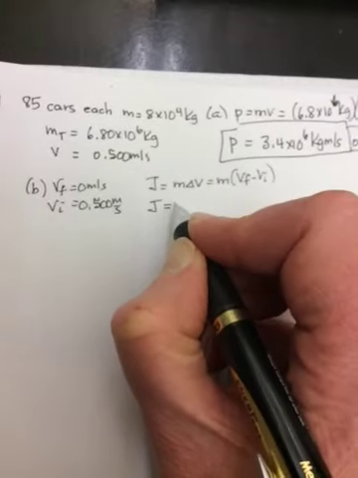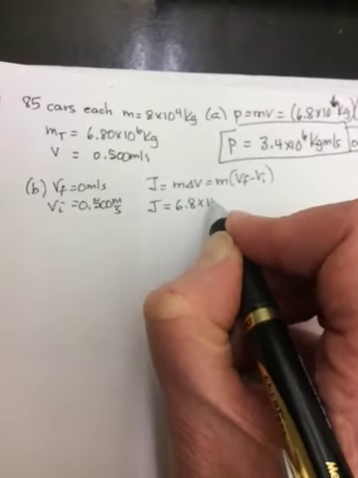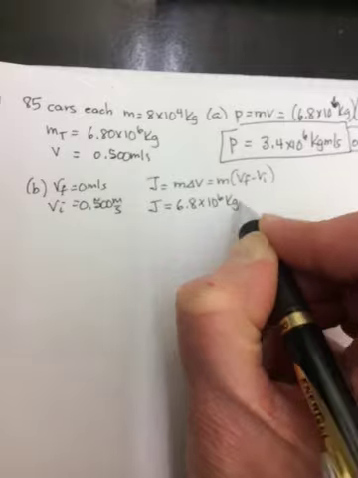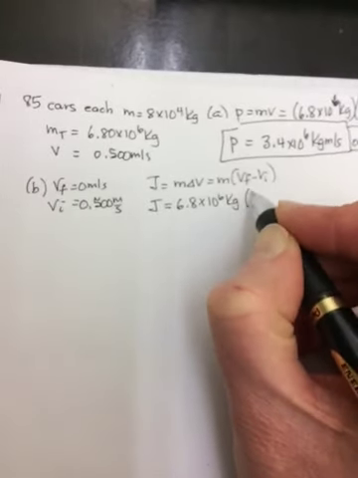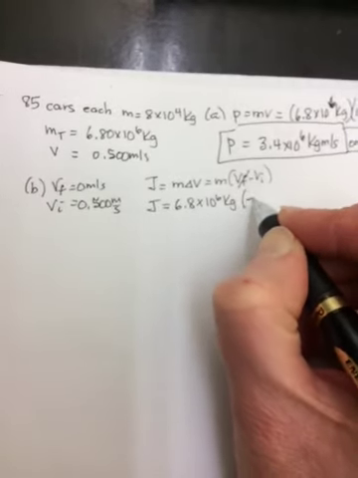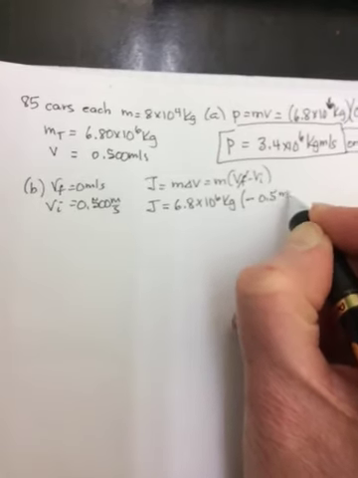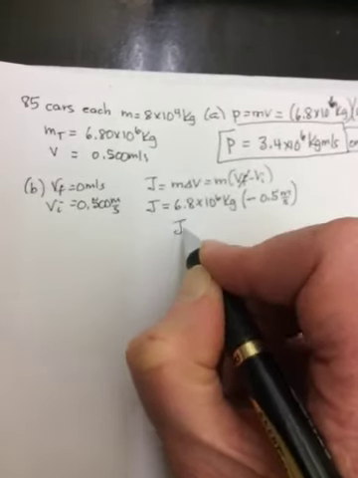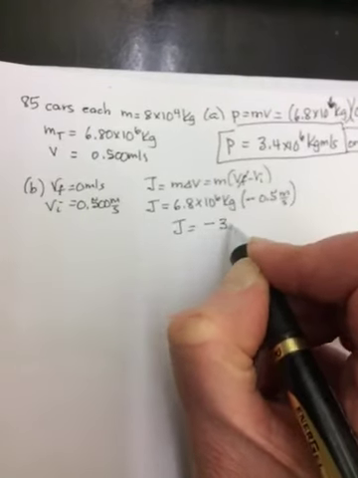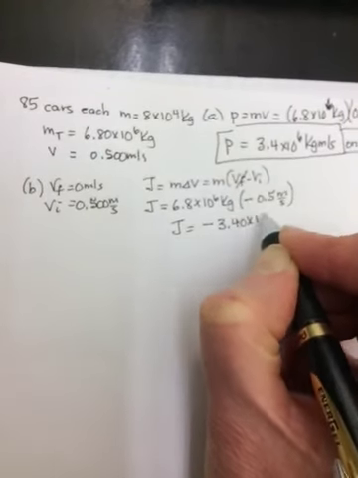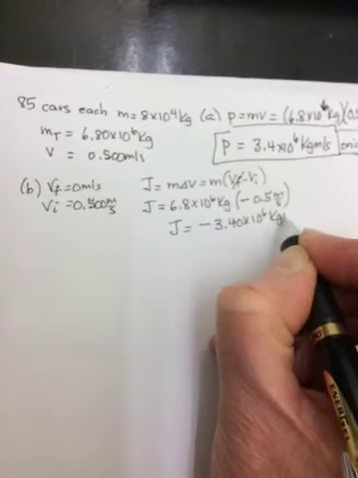So J is equal to 6.8 times 10 to the 6th kilograms times, and that goes to 0, so negative 0.5 meters per second. And so you get a J of negative 3.4 times 10 to the 6th kilogram meters per second.